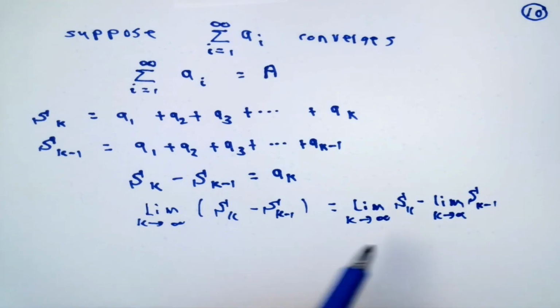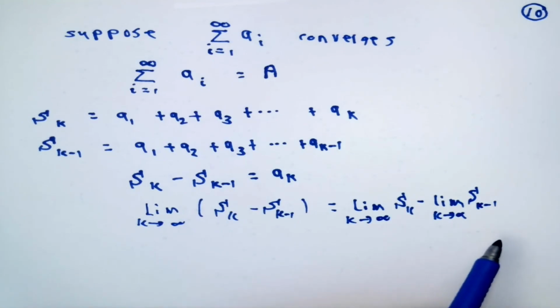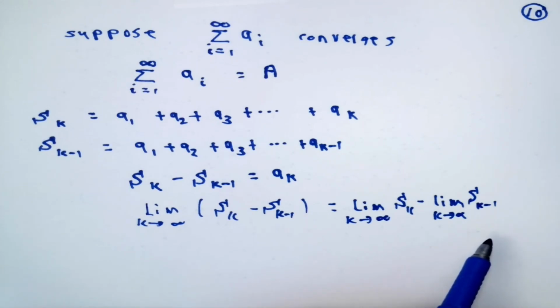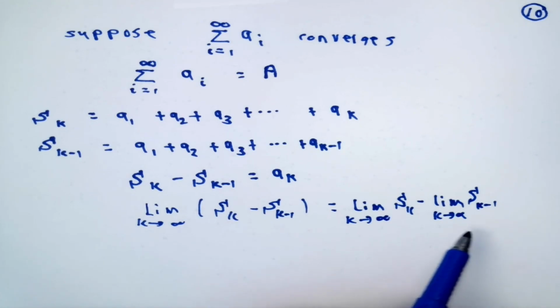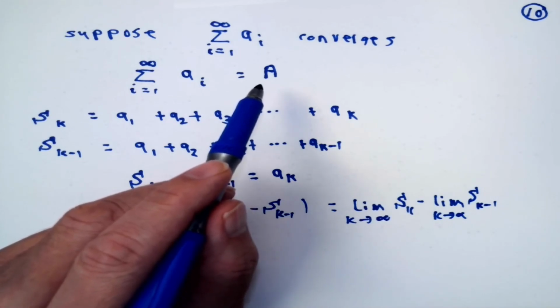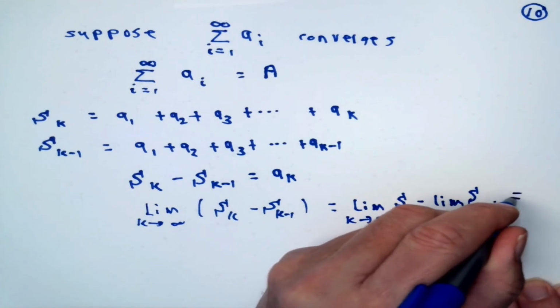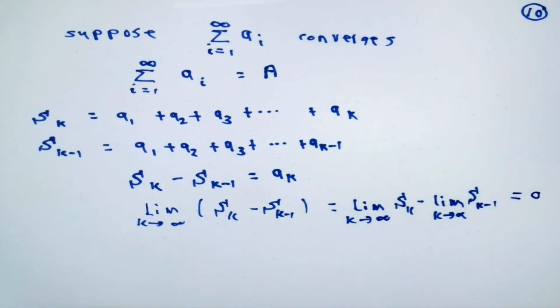That limit is equal to A. In this one, I'm taking a partial sum and I'm letting k tend to infinity, which means k minus 1 also tends to infinity. This second limit also exists and is also equal to A. A minus A is 0. This tells me that the limit, as k tends to infinity, of s sub k minus s sub k minus 1 is 0.